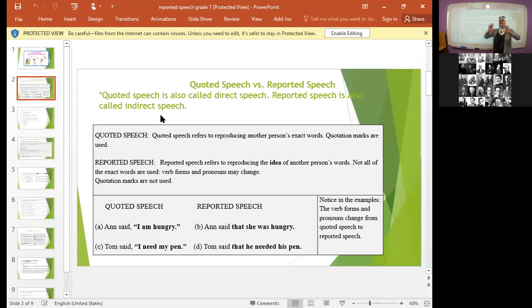And to make it easy for you, with verbs, always go one step back to the past. One step back to the past. One step back, where? To the past.